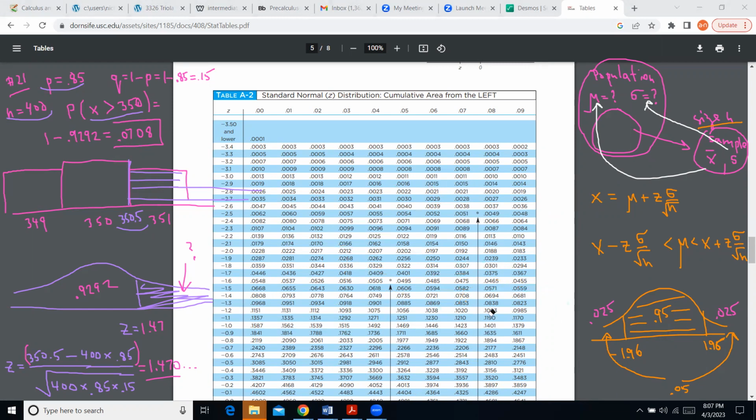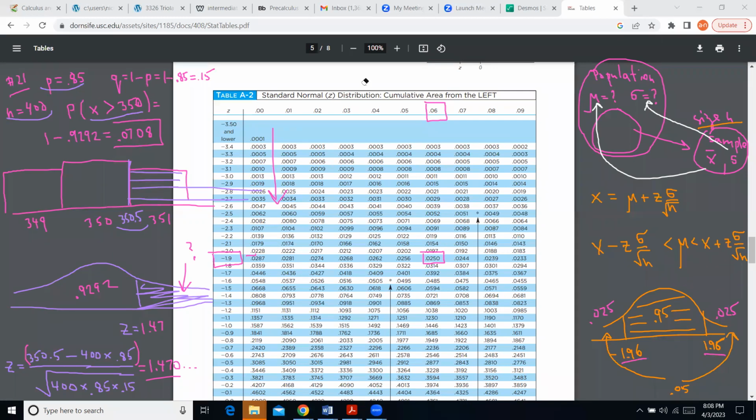If I start up here and start to go down, I eventually see 0.02, and now I need 0.05. So it looks like it's right here, 0.0250. You see this? So the row is negative 1.9. The column is exactly 0.6. So no wonder it's negative 1.96. And then on the other side is positive 1.96.